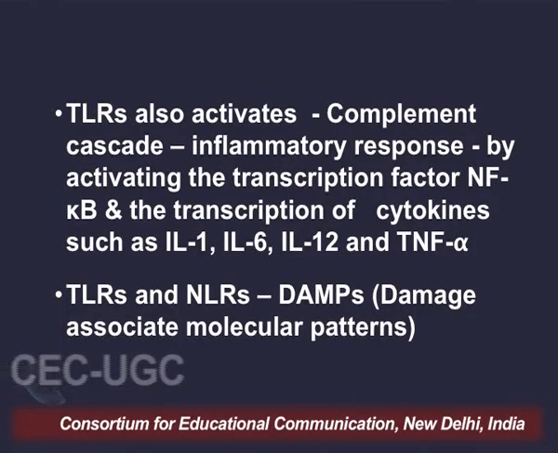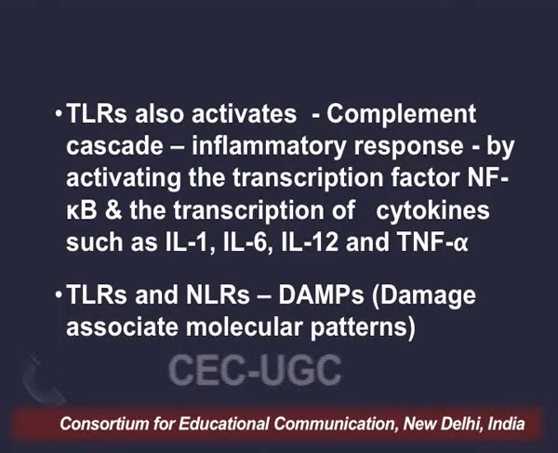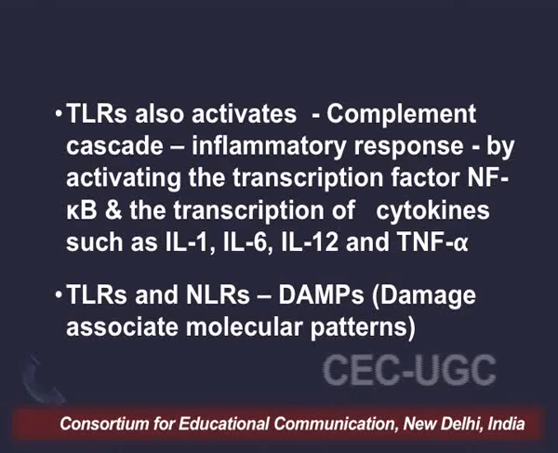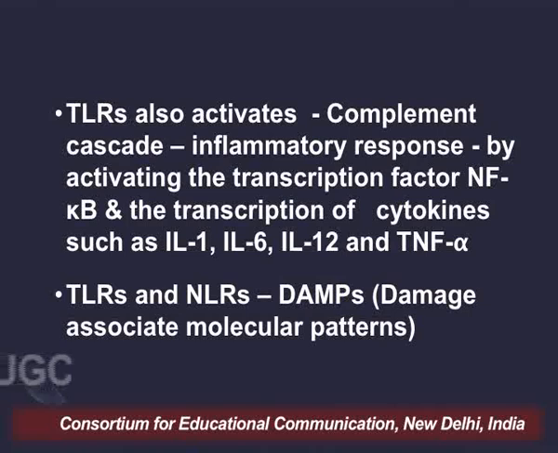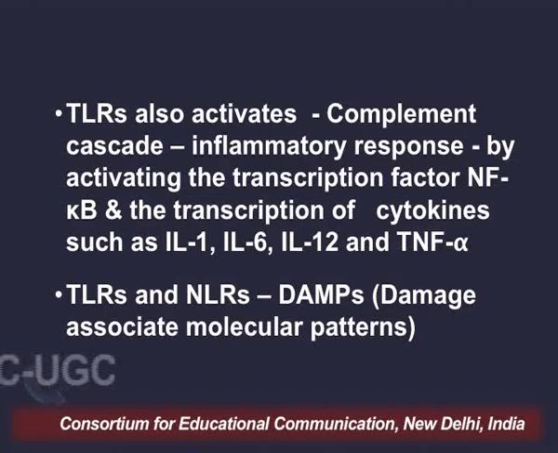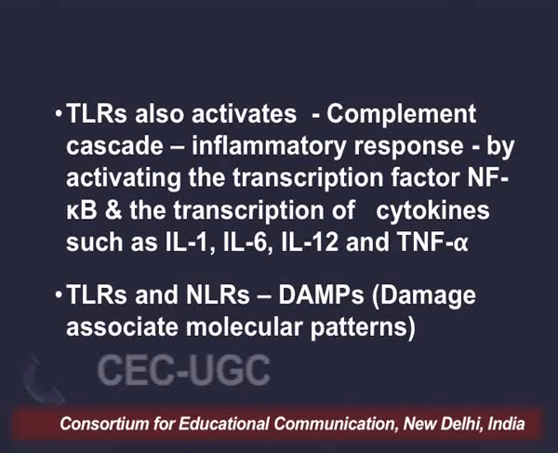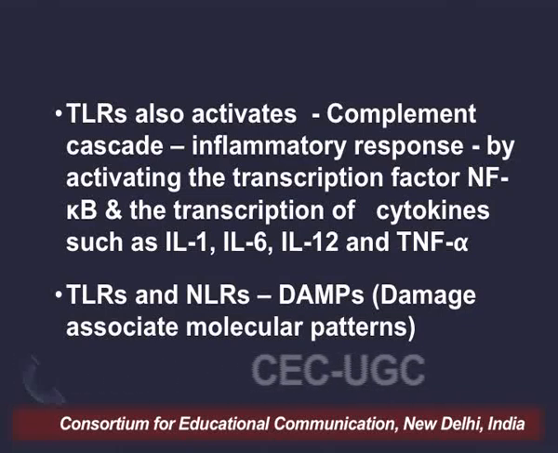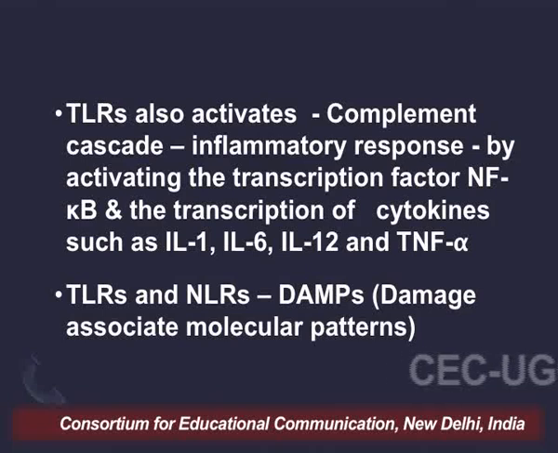So a classical pathway is initiated by the TLR receptors, which activates transcription factors like NF-kappa B, and transcription of cytokines such as interleukin 1, interleukin 6, interleukin 12, and TNF-alpha. All these are pro-inflammatory substances that help in initiating the inflammatory response, or we can say a defense mechanism.